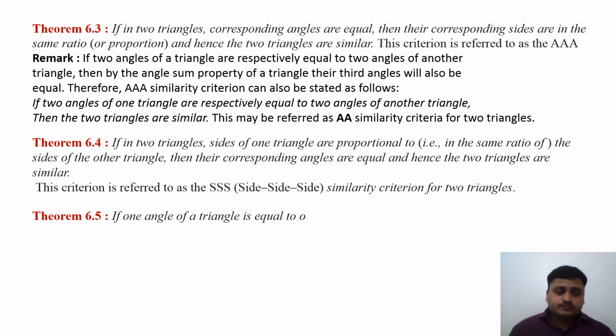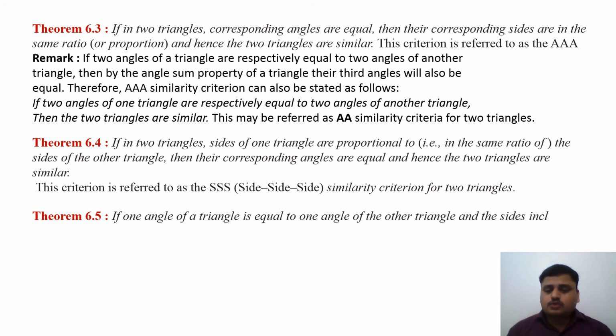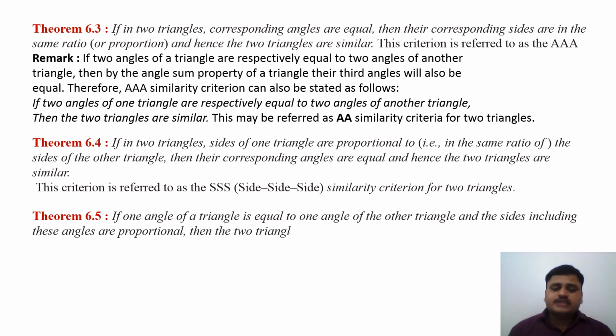Now theorem 6.5. If one angle of a triangle is equal to one angle of the other triangle and the sides including these angles are proportional, then the two triangles are similar.